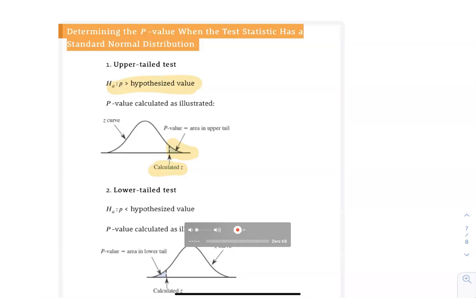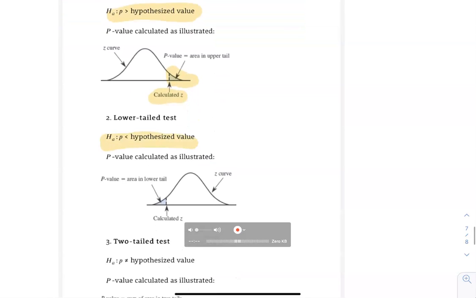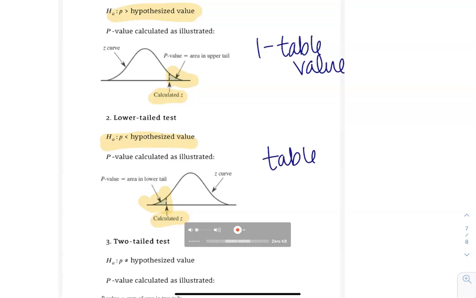If your alternative is less than, then you find your test statistic and you find the probability that it is less than that. So basically it's 1 minus the table value for the greater than, or it's just the table value if it's less than.